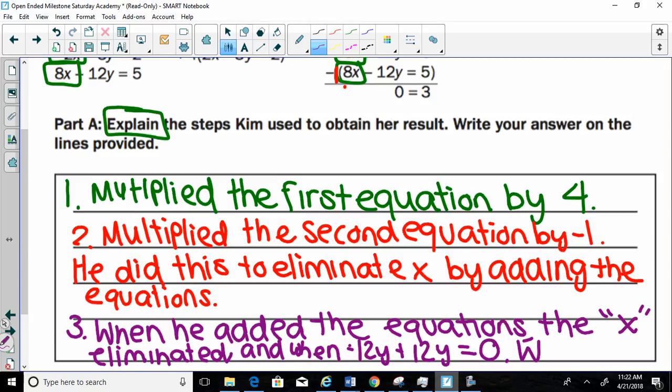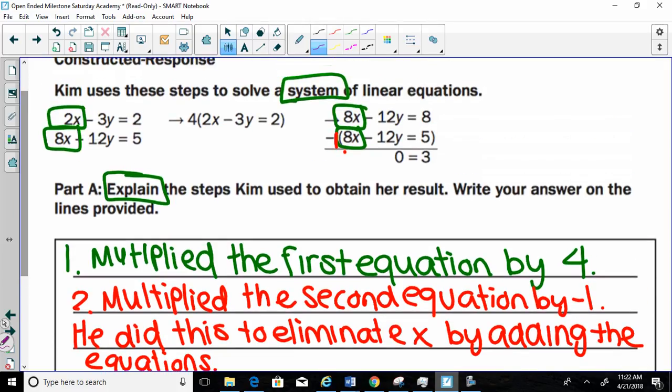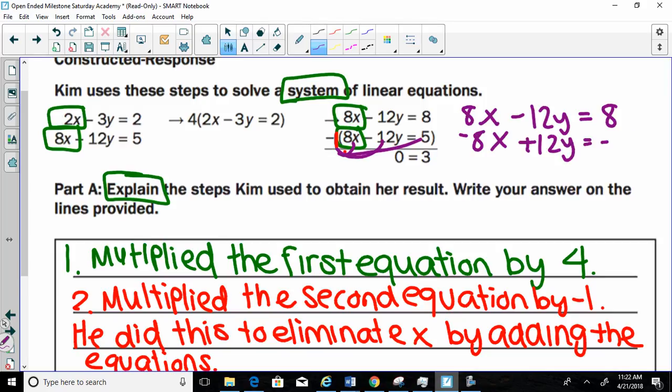Where did you get plus? Because remember, they didn't show that part right here. So what they did is they had 8x minus 12y equals 8. And when they multiply negative times negative, it's positive, so they end up getting this. So when they added that, they ended up getting 0.